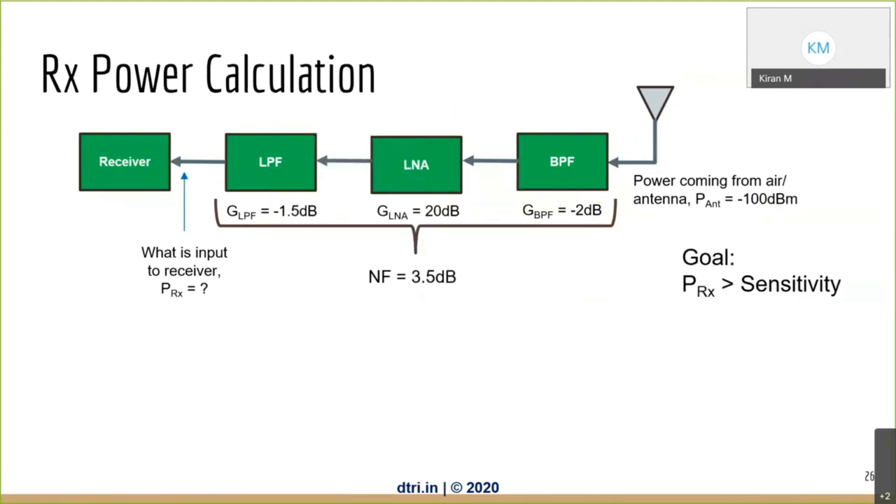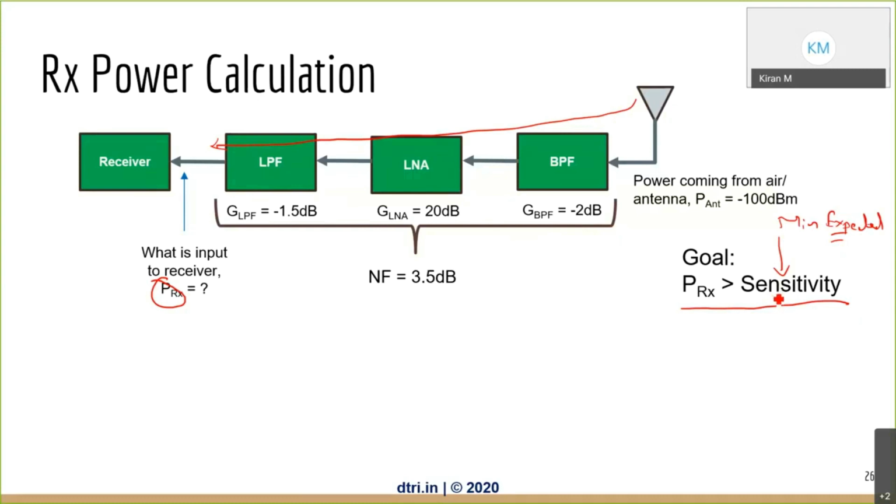Now, what is the goal? Let's say I have the power coming from here. It will pass through this system. Then at this point, let's say this is the baseband input, I'll do a measurement. I'll check the received power and see if it's more than the sensitivity. If you remember, we discussed sensitivity. This is the minimum expected signal.